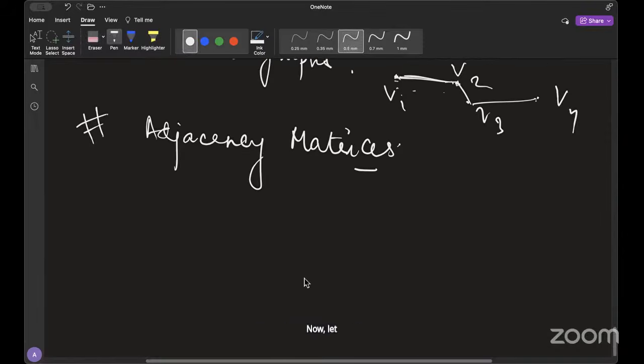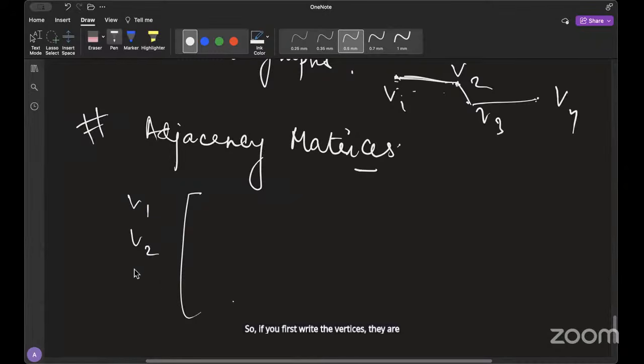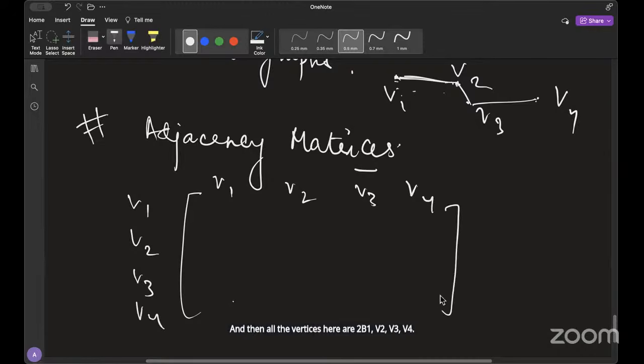Now let's come to adjacency matrices. First you write the vertices here, V1, V2, V3, V4, and then all the vertices here too. If you have an edge from here to here, then you write a 1, else you write a 0. Adjacency matrices are matrices that can only have entries 1 and 0.